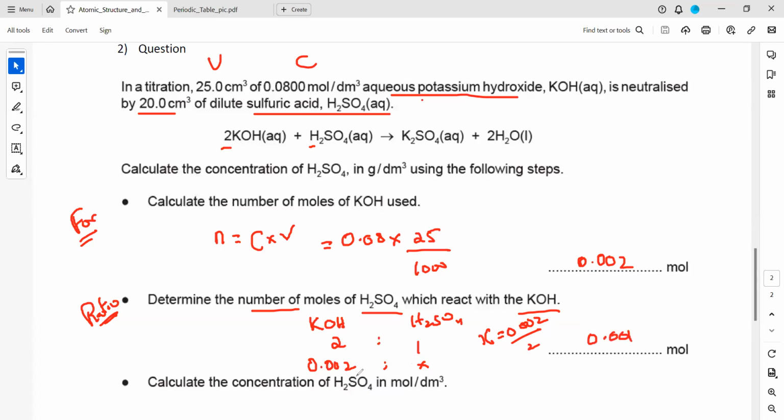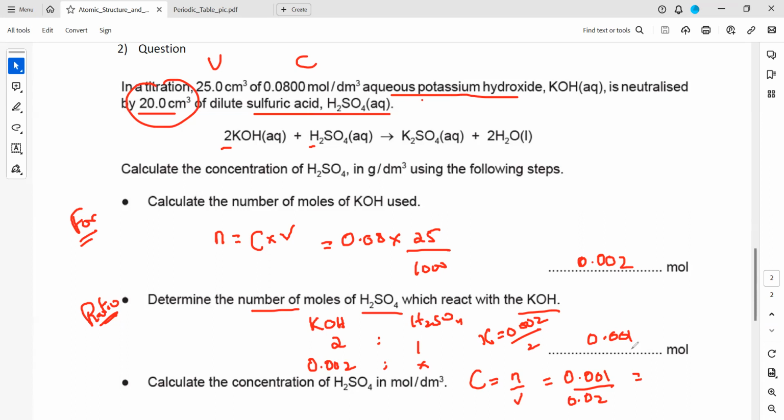After getting the moles, we need the concentration. So how to work out the concentration? Concentration is moles divided by volume, because moles is concentration times volume. The moles are 0.001, divided by the volume of sulfuric acid, which is 20, or we divide by 1000, 0.02.